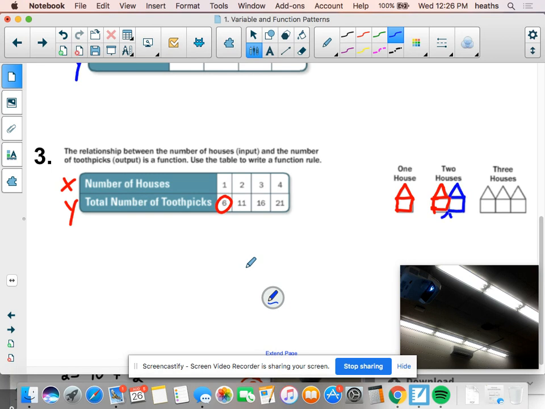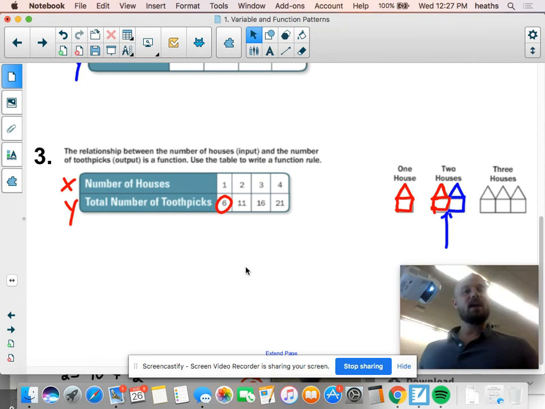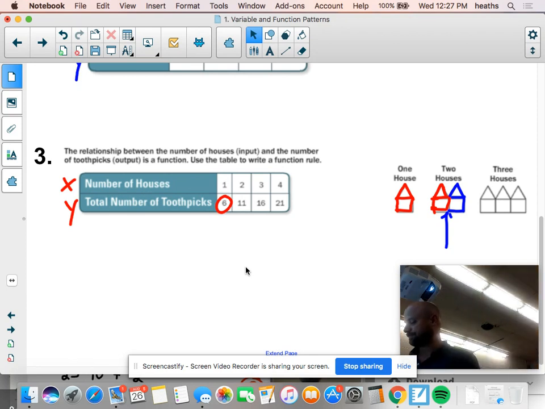This right there is not needed because there's already a toothpick making up that side of the house. So that is our reasoning for it, but how do we make that as a function? And I'll show you how. So we notice that it goes up by 5 every single house that you build, but the original house has 6.